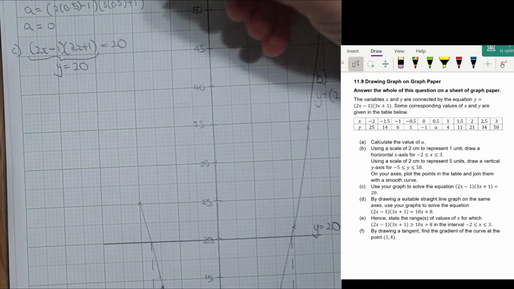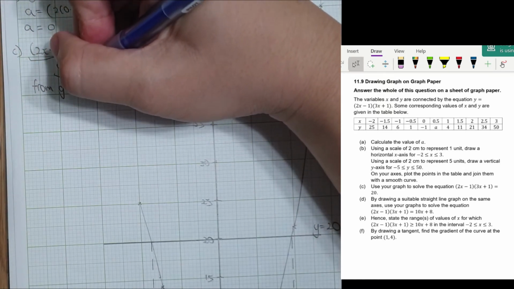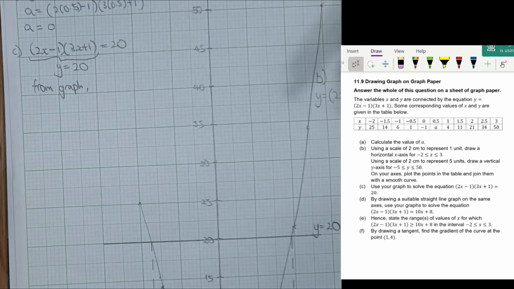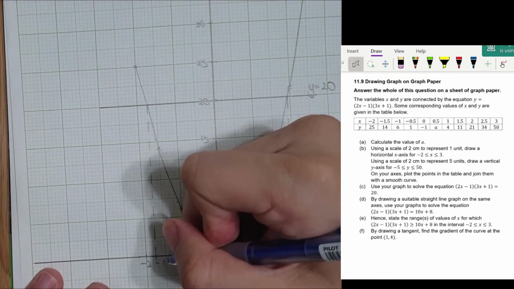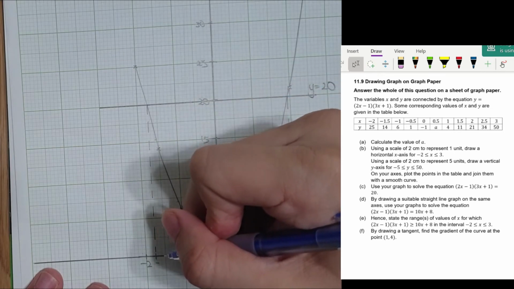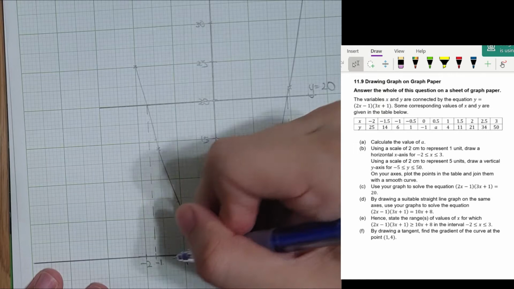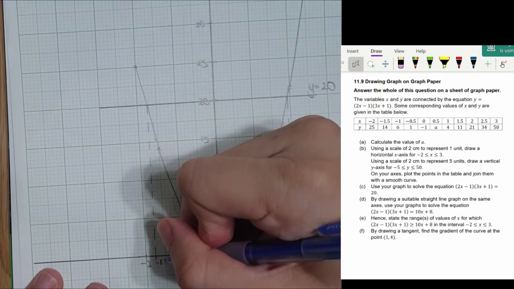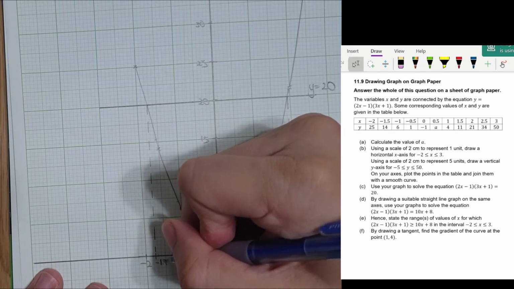And so for C, from the graph, you must say that you are using the graph to solve. This is negative 1.5, 1.6, 1.7, 1.75.